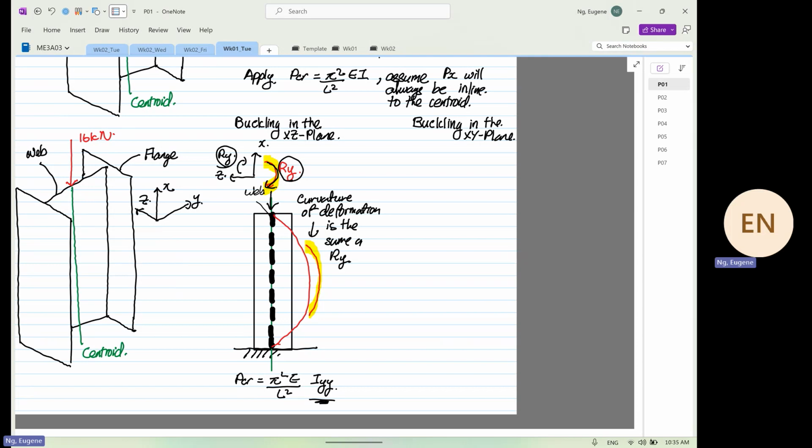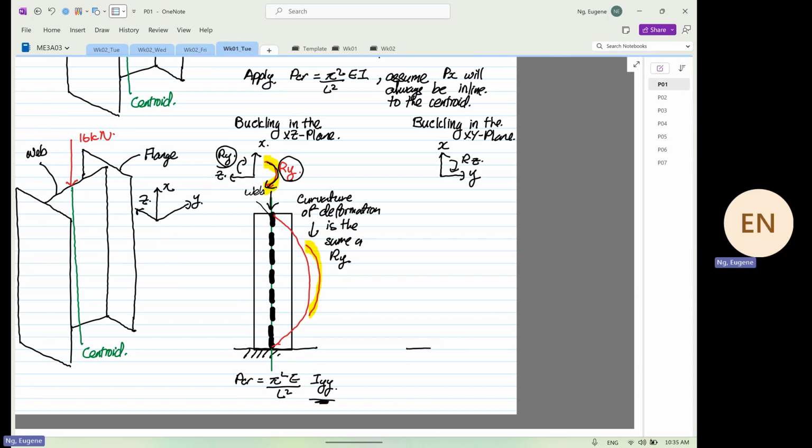Based on the transformation that we have drawn, and I always emphasize the transformation, it's very critical over here. Now this is our X, this is our Y, and this is rotation about Z.